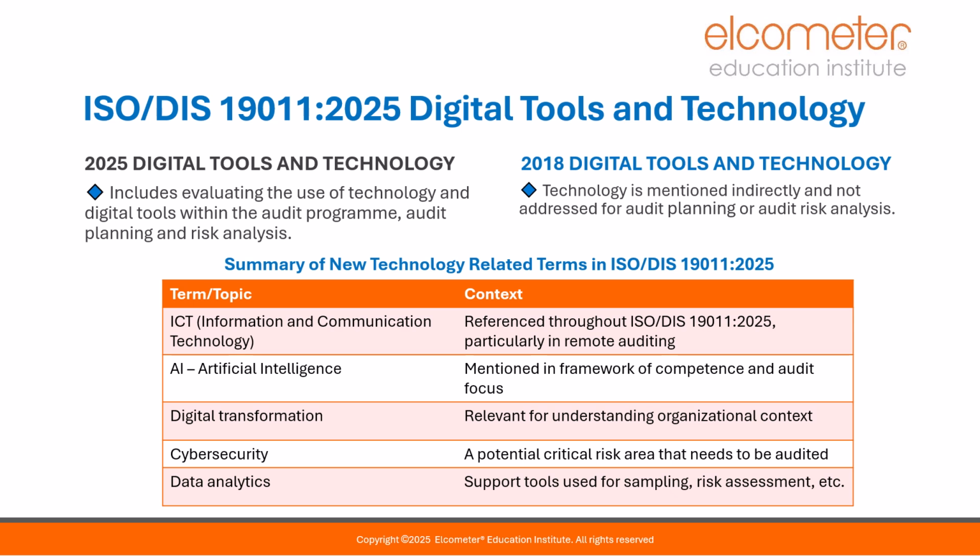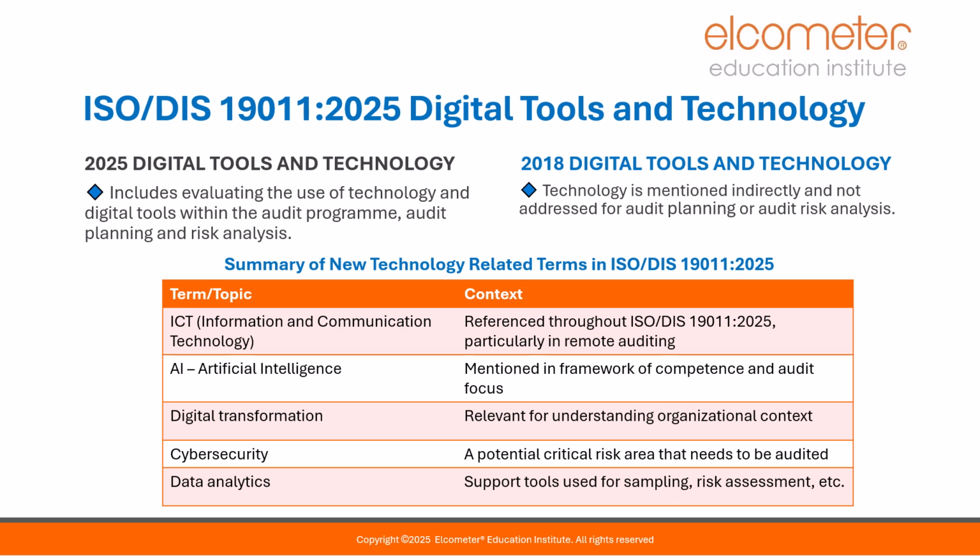Additionally, auditor competence in assessing cybersecurity, data privacy, and digital risk management. References to digital transformation and auditor competency are addressed in Clause 7 under Competency and Evaluation of Auditors and Annex B, Discipline-Specific Knowledge and Skills for Auditors.